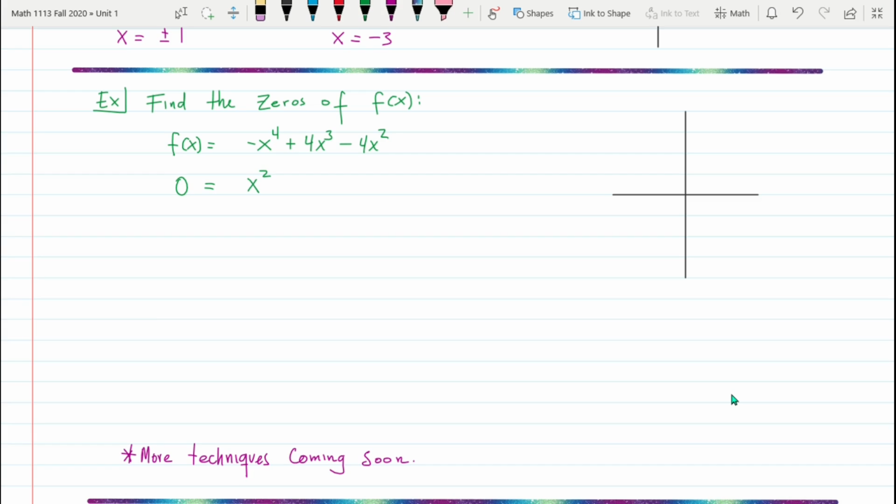Before we do that, let's pretend that we multiply both sides by -1. That way, we have the leading coefficient as a positive term. We can do that, right? Anything times 0 is still 0. So we multiplied everything by -1 to change the sign. Now factor out x squared. So x squared times x squared minus 4x plus 4.